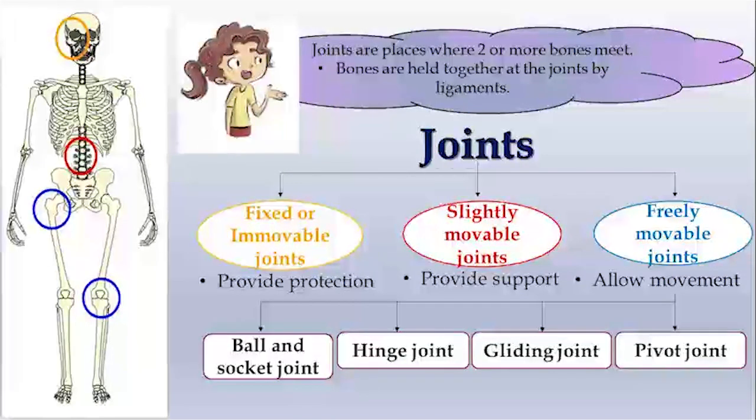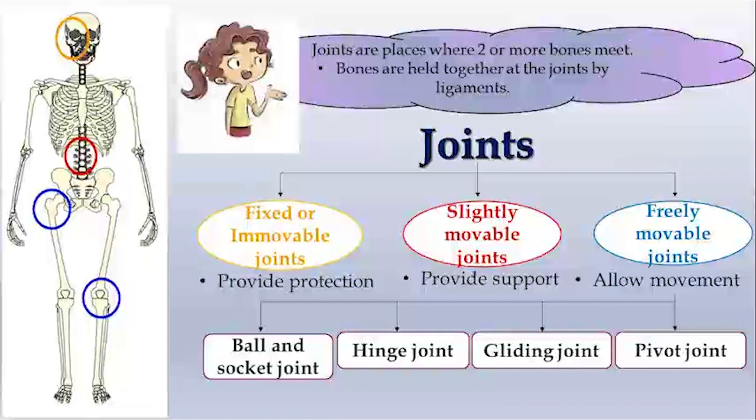As you can see in the flow diagram, these joints can be categorized into 3 parts such as fixed joint, like the skull which provides protection, slightly movable joints that provide support, and freely movable joints that allow movement in the body.